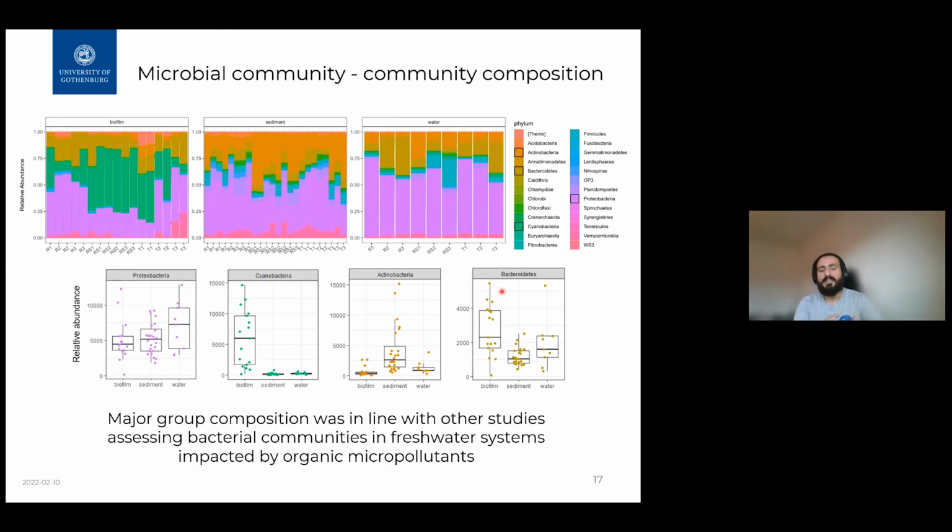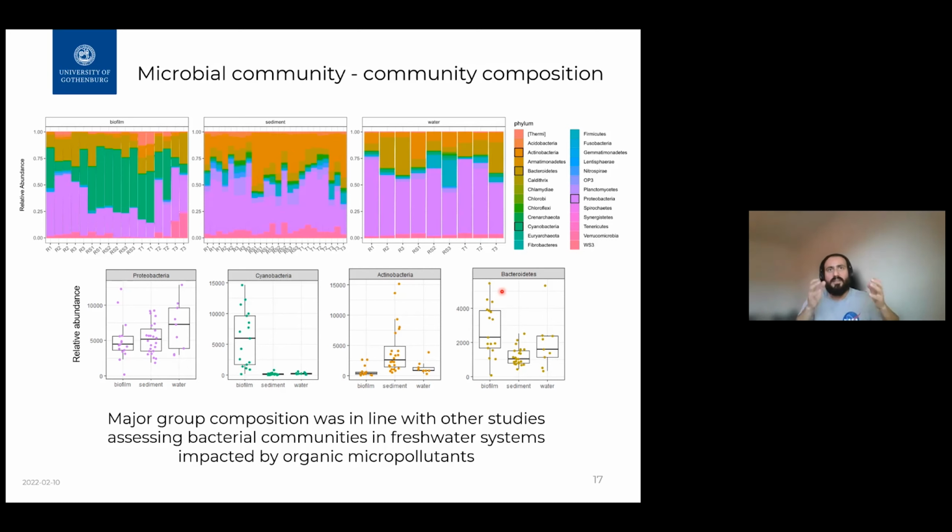So that gave us a sort of starting point to understand more or less the composition and diversity of our samples, and at least how the main groups behave. And from the main group perspective, our results are completely in line with other studies analyzing microbial communities, and particularly bacterial communities, in other freshwater systems also impacted by organic micropollutants.